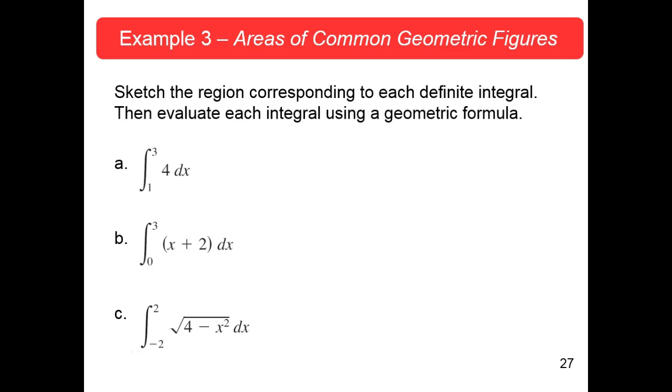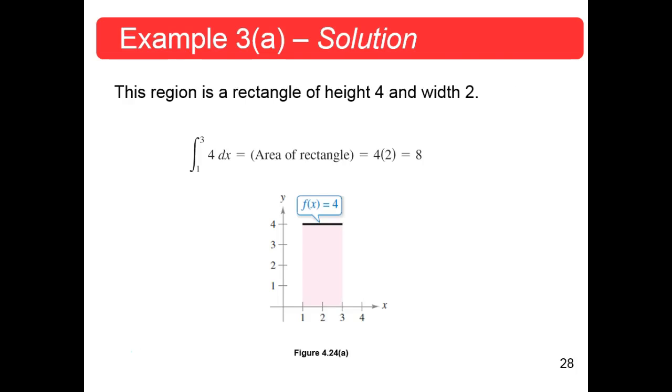The height is 4, the width is 2. 4 times 2 is 8. That's going to be that one. You can get that very easily from there. F of x is 4, constant function, going from 1 to 3. That's a rectangle. 4 times 2 is 8.